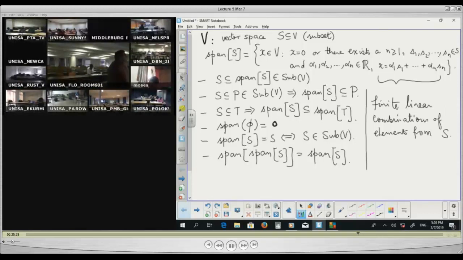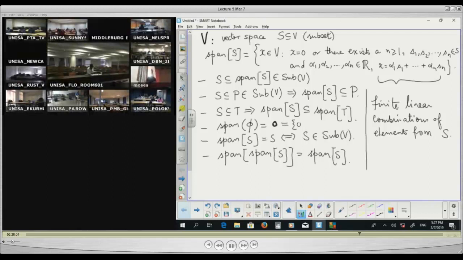But any set contains the empty set, so it is going to be the smallest subspace, and that is the zero subspace. Remember, this was the symbol that we used for this linear subspace, the singleton zero. So that is the span of the empty set.